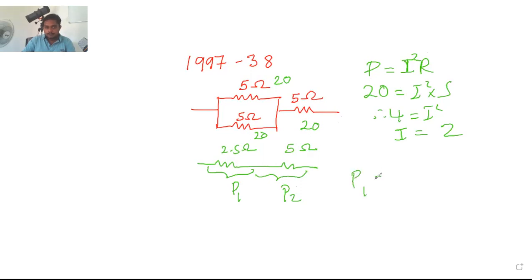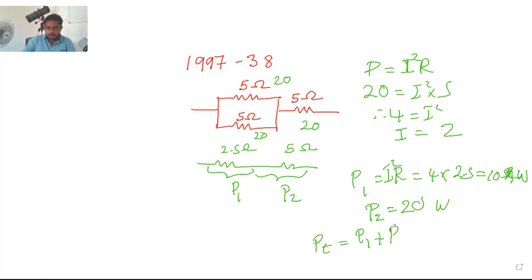So power 1, I squared R, is 4 into 2.5, which is 10. P2, it is simply a circuit, therefore I am getting 20 watt. So the total power PT is P1 plus P2, which is 10 watt plus 20 watt. Finally, you are getting 30 watt.